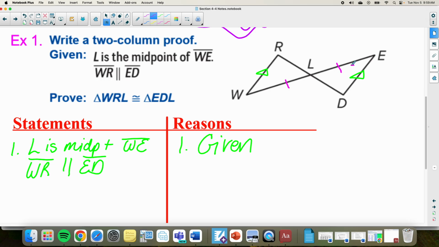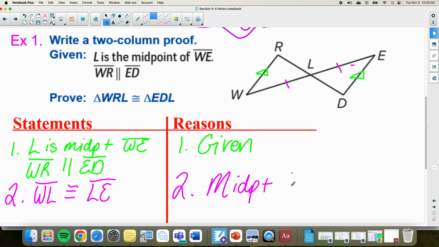It does not tell us that L is the midpoint of RD, so I can't mark that, just these two. So I'm gonna say segment WL is congruent to segment LE, okay? And that is by, what did we say? Midpoint theorem.